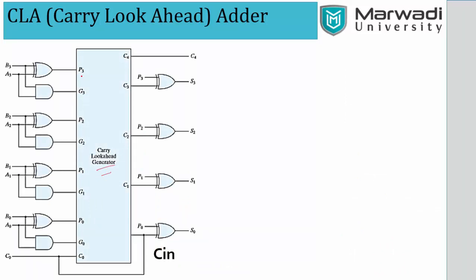You require P3, G3, P2, G2, P1, G1, P0, G0 and C0, which is nothing but the carry in. Here the summation is nothing but A3, B3. Look at the C out. What do you have? A dot B plus A XOR B dot C. A dot B is the generator. How do you get a propagator?